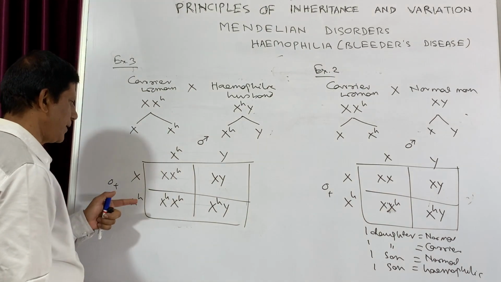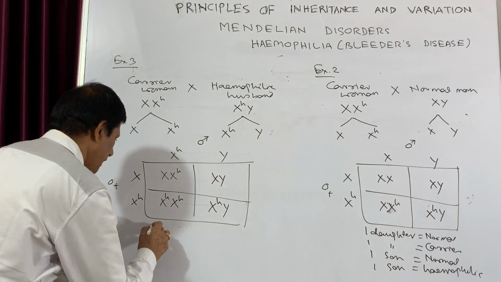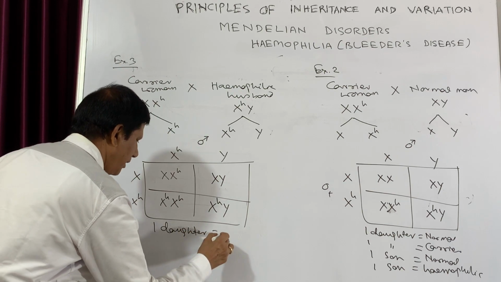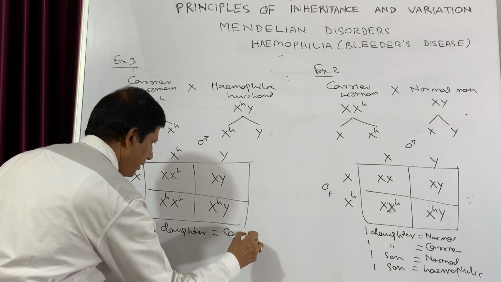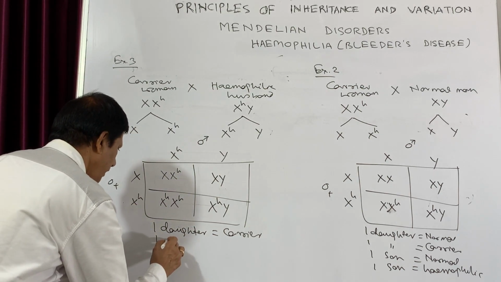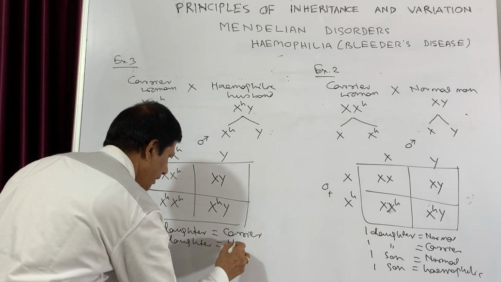Now what is happening, you see. What about this daughter? This is a carrier. That means one daughter is a carrier. What about this daughter? Then one daughter is hemophilic.